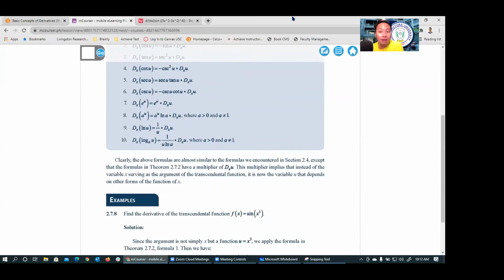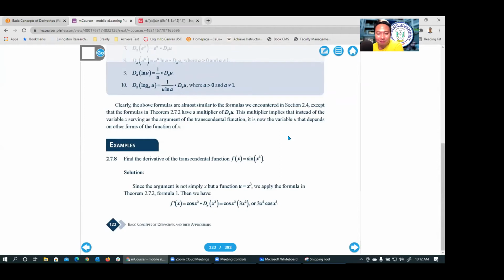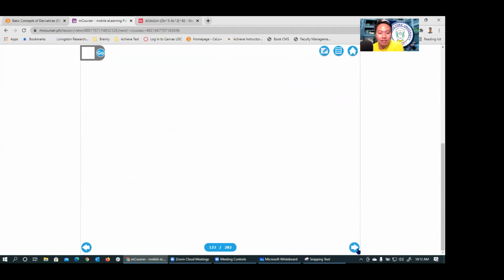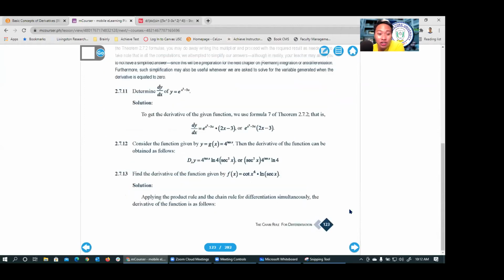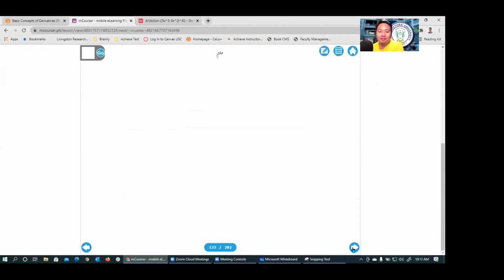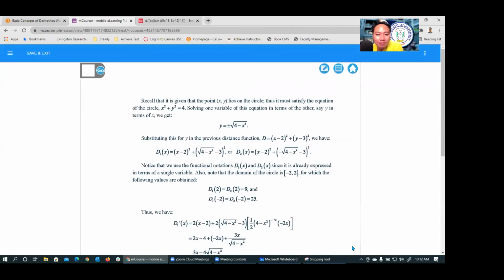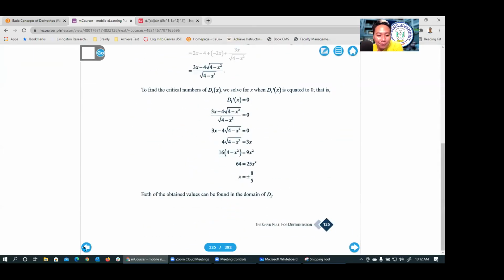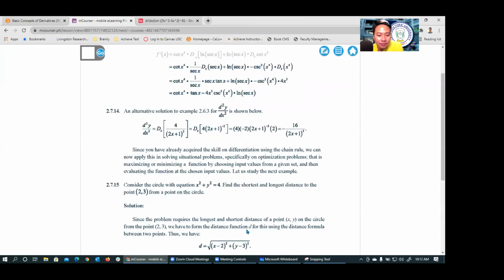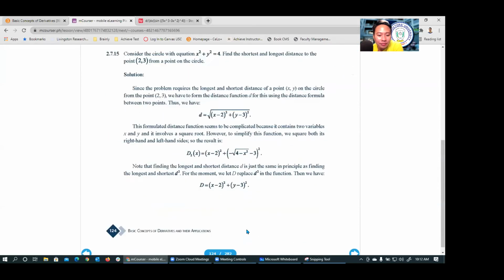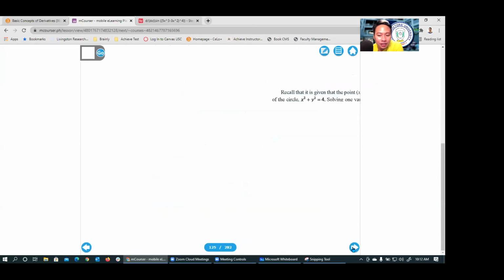The same thing happens, guys. The process would still be the same. So, sir, what do we use the chain rule for? The chain rule, guys, is just an extension of the basic derivatives. Question so far? None so far. Okay.